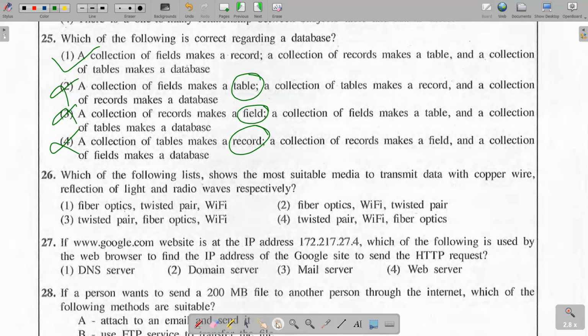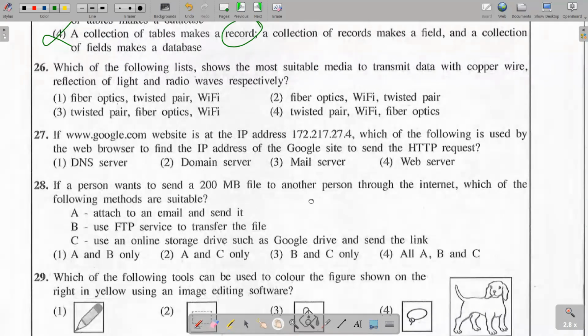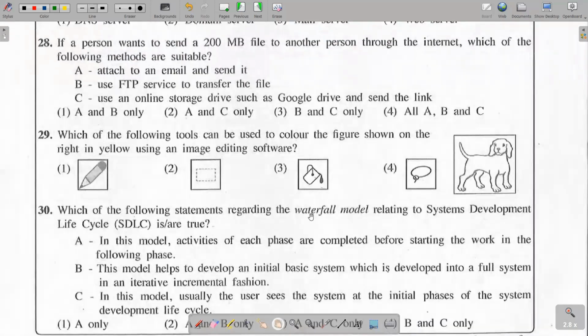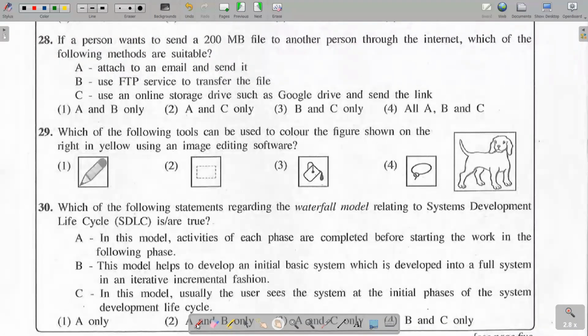28. If a person wants to send a 200 MB file to another person through the internet, which of the following methods are suitable? Attach to an email and send it, it's not going to be practical because this is 200 MB, right?